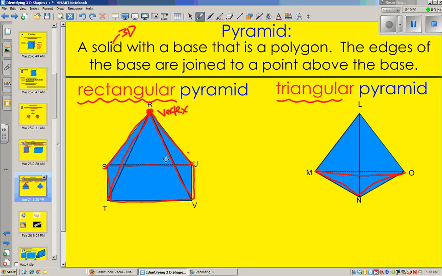Now on this pyramid it has a rectangular base, but these other faces are triangles. So what you want to remember is that pyramids and prisms are named by their base. So a rectangular pyramid has a rectangular base. A triangular pyramid has a triangular base.